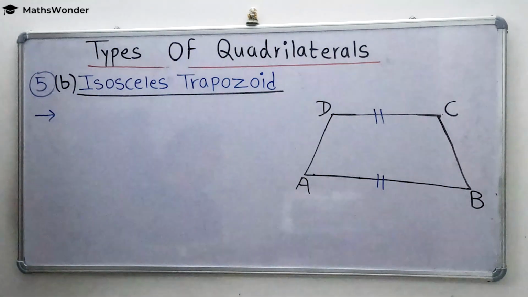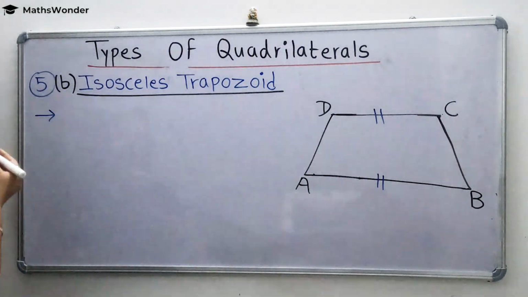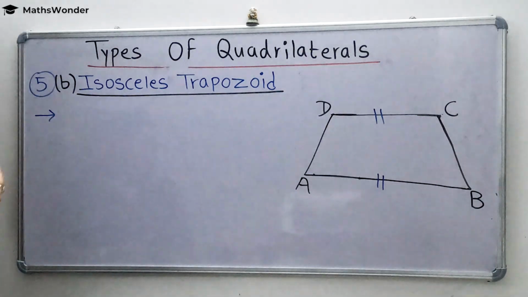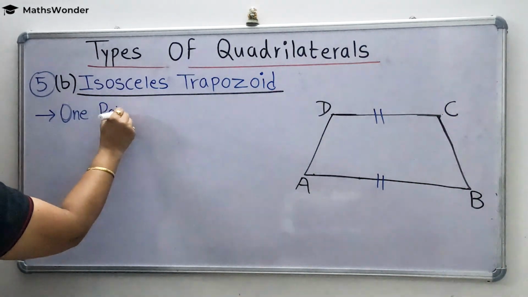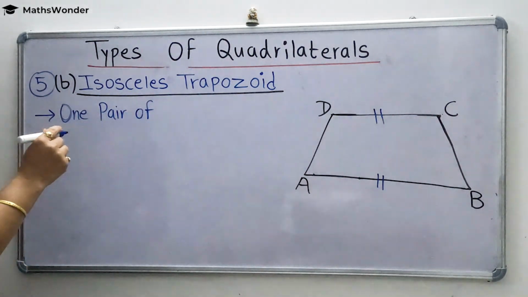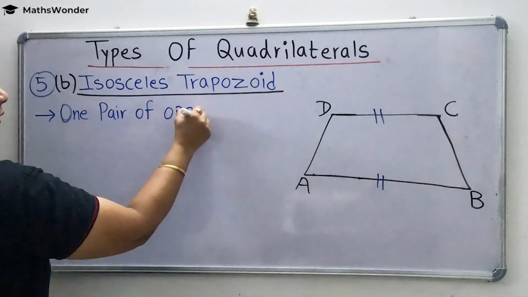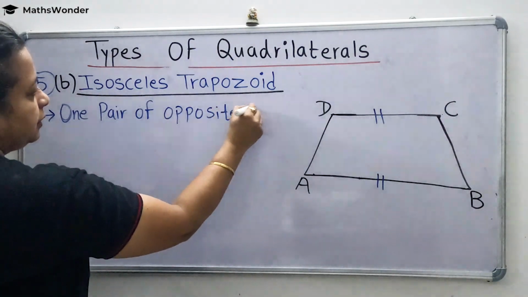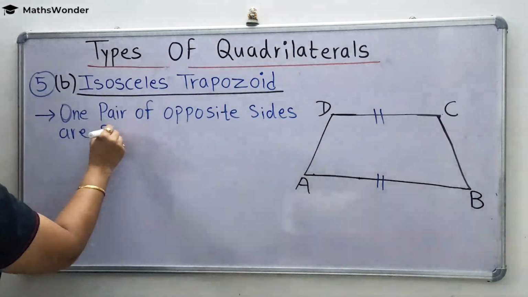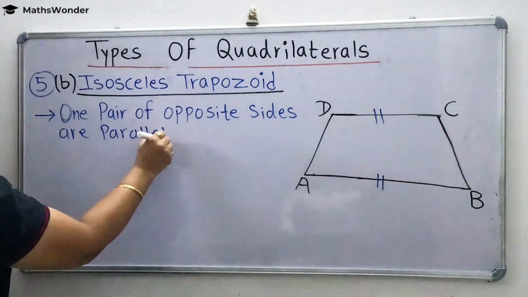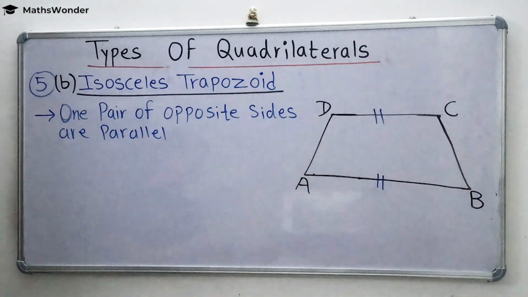Same, the first property is the same as before. Write down one pair of opposite sides are parallel, as you can see in the diagram.